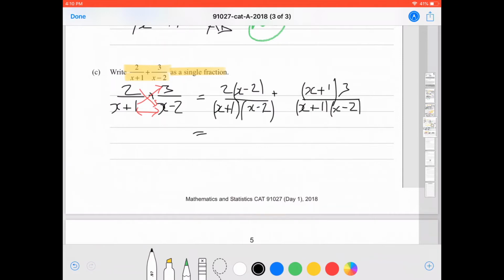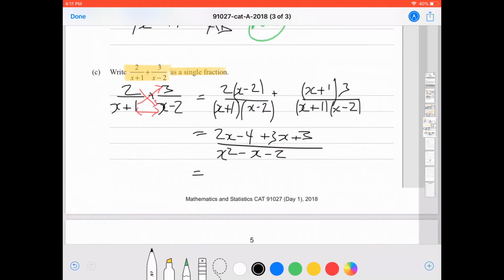Now, when adding fractions, when we have the same denominator, we can combine them like that. So let's do that first. At the same time, let's also expand our numerators. So 2x minus 4, and it'll be 3x plus 3, and that's all over x squared plus x minus 2 is minus x minus 2.